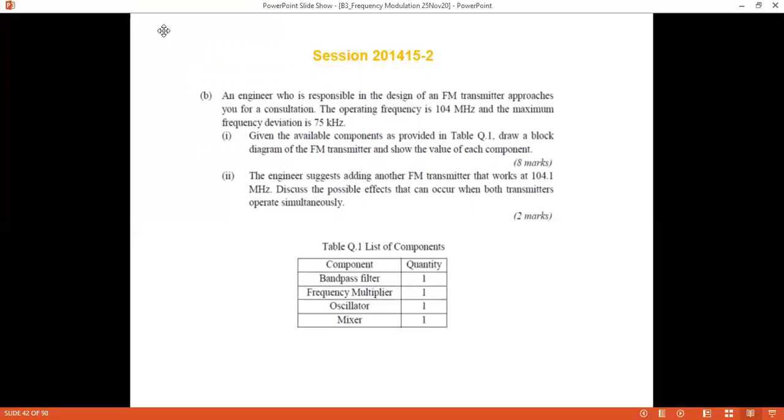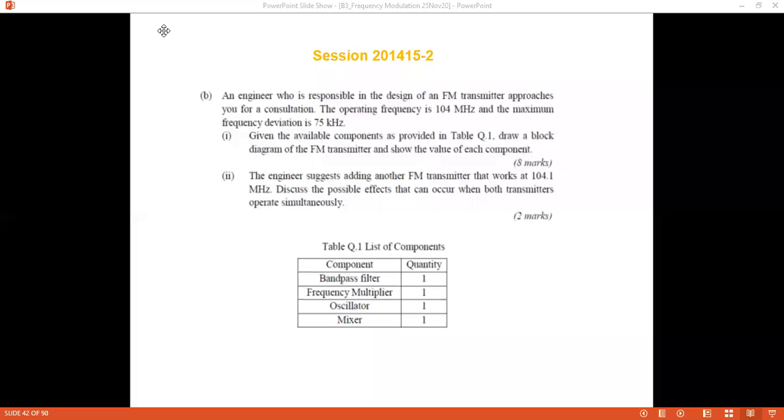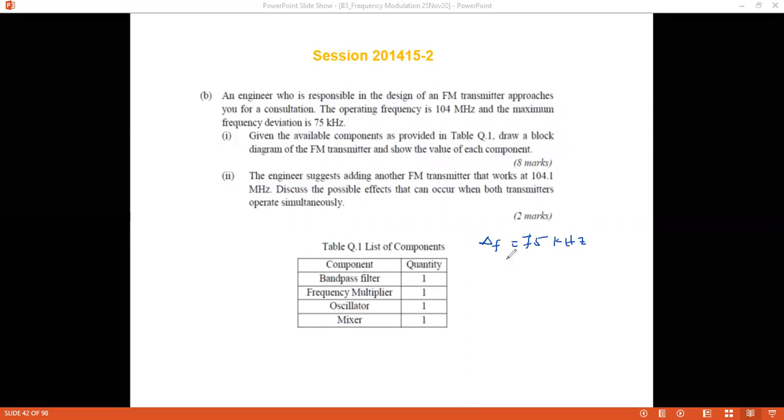If we do not consider the guard band, for the channel bandwidth, 2 delta F is 150 kilohertz.